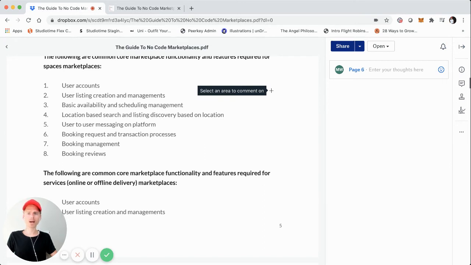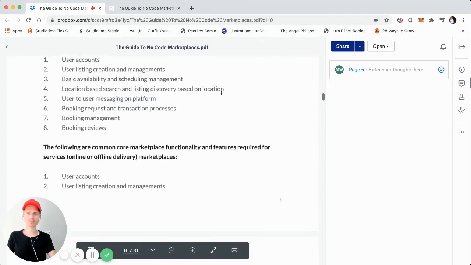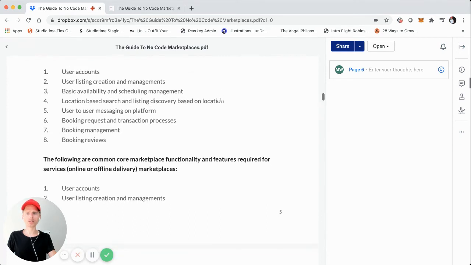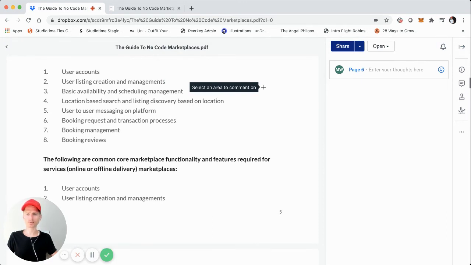That's typically map-based for spaces since it is dependent on location. Then user-to-user messaging through the platform, which is pretty key with peer-to-peer marketplaces, so users are able to freely message each other. And then also to transact directly through the marketplace, with a booking request and transaction process.